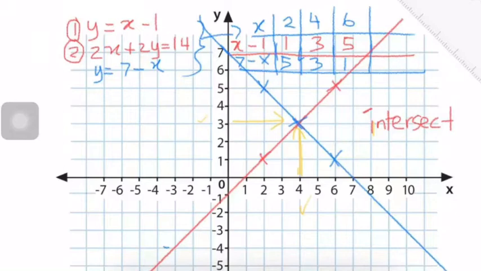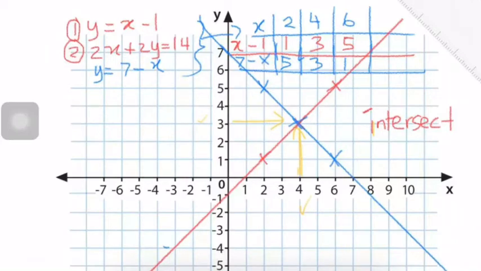Okay, let me correct, rephrase my sentence. The solution for both equations is at the intersection. Ditambahlah ION, I cannot write it. Okay. The solution for the two equations is at the intersection. Okay, it is at the intersection.